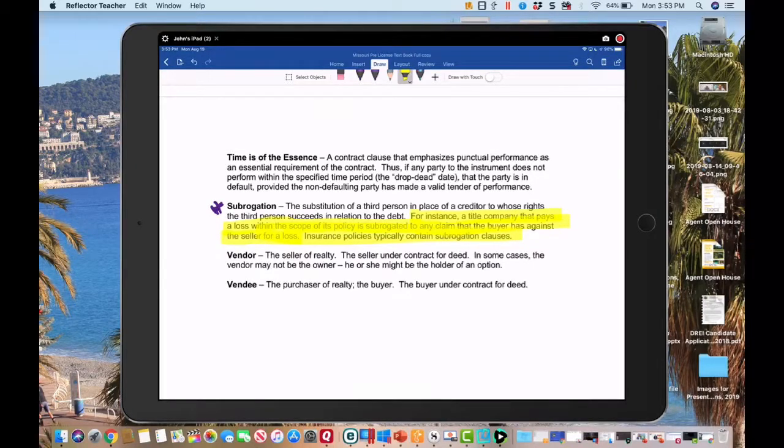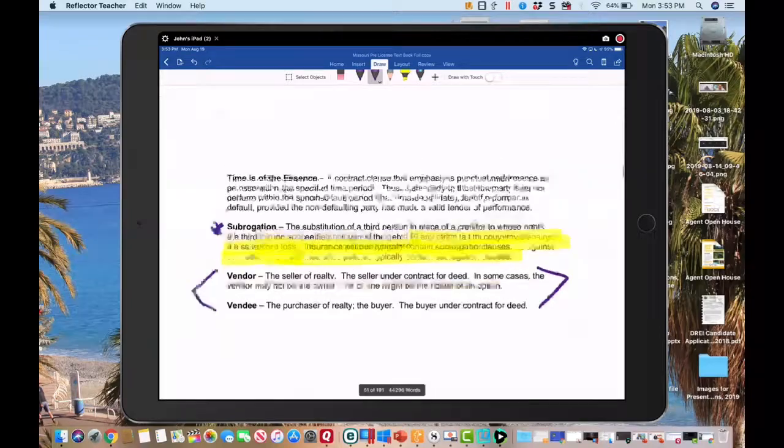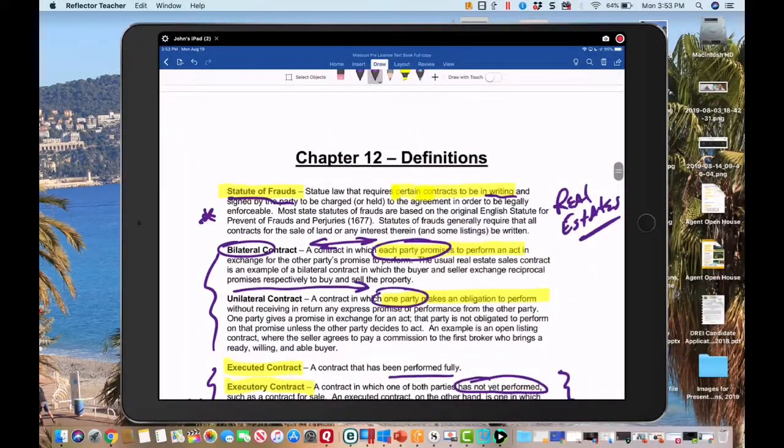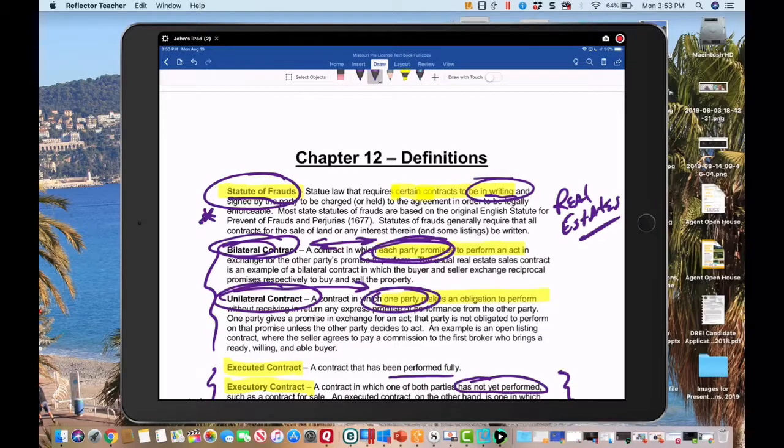I'm not going to talk about vendor and vendee because we'll talk about that when we get into financing a little bit later, but I do want you to make sure you understand statute of frauds in real estate contracts in writing. Bilateral, each party promises. Unilateral, one party promises.